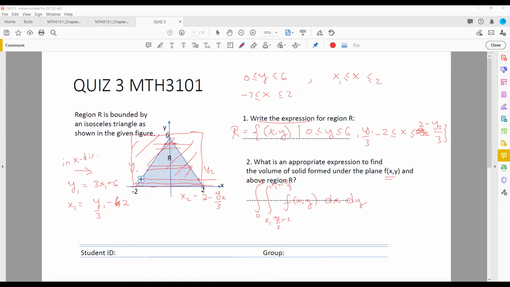If we have a parametric equation, so let's say x is defined by some function of u and v, and then y is some function in terms of u and v. So this is called a parametric equation, because you define it in terms of some variables.